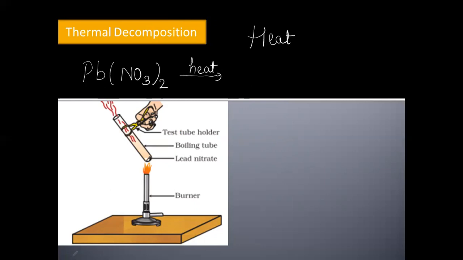In the activity, it is clearly shown that crystals of lead nitrate are taken, heated, and formation of lead oxide, oxide of nitrogen that is nitrogen dioxide, and oxygen takes place. So this reaction results in the formation of two or more products. Basically, three products are formed. Single reactant, three products.